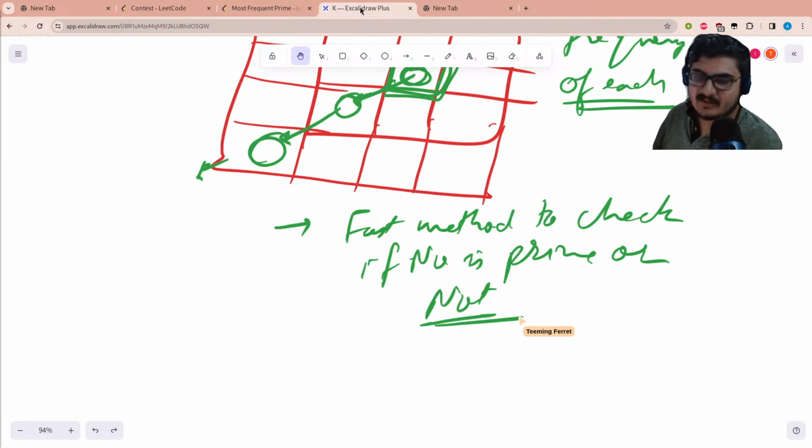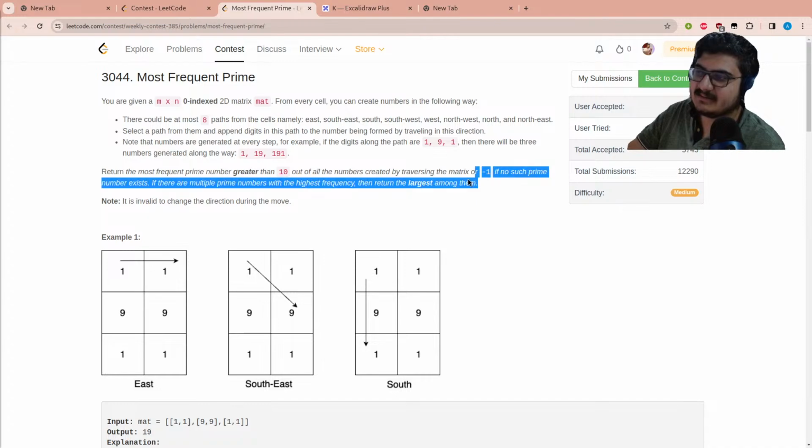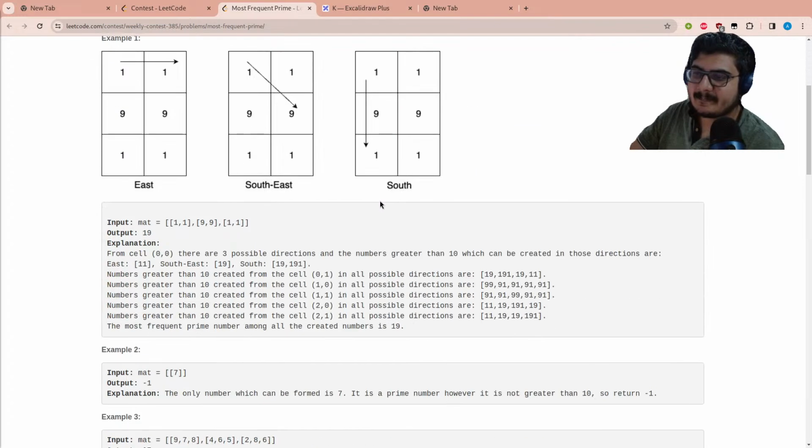Once we have computed all the numbers, we can iterate on this map. For each number, we check if it's prime, and if it's prime, we compare its frequency to find the number we want.